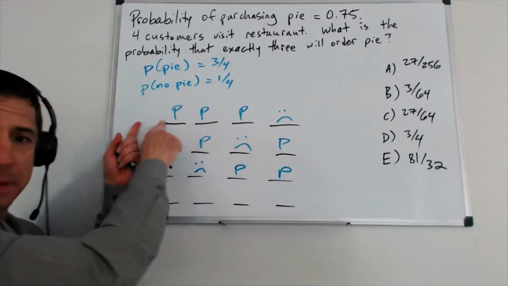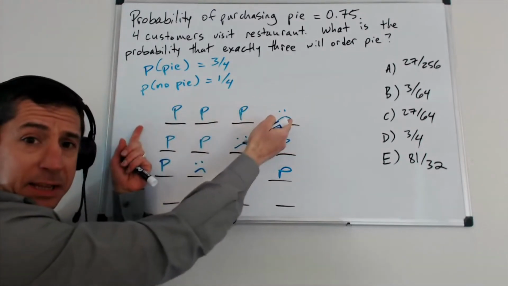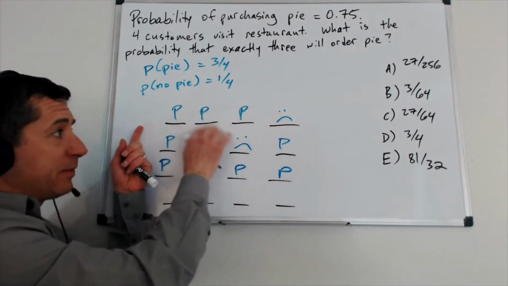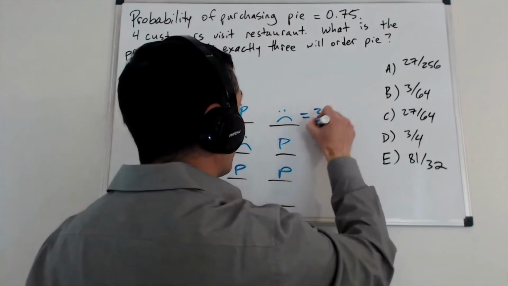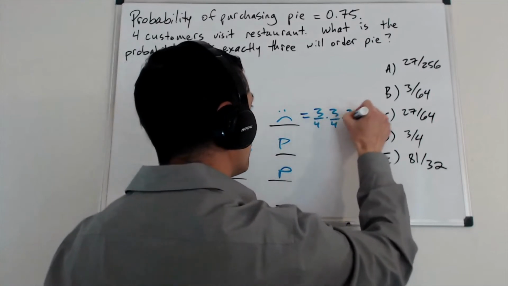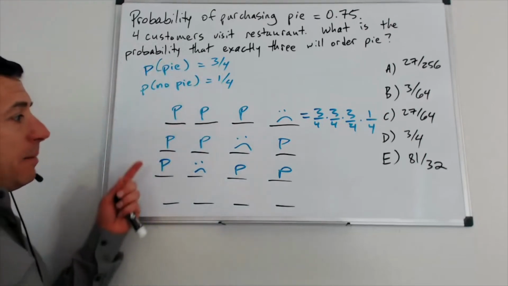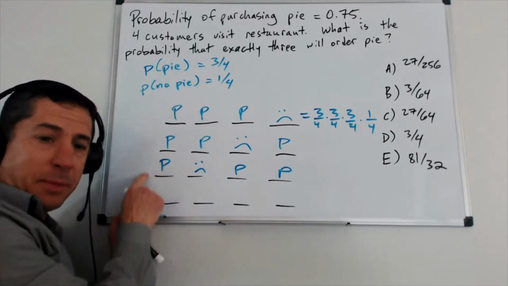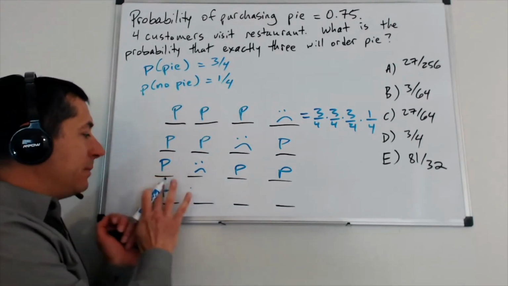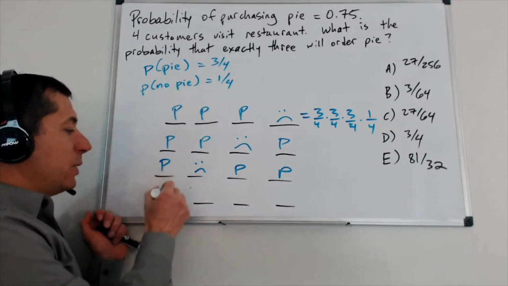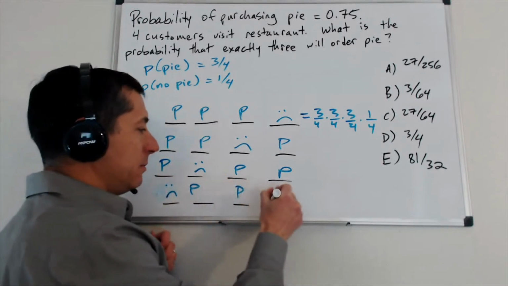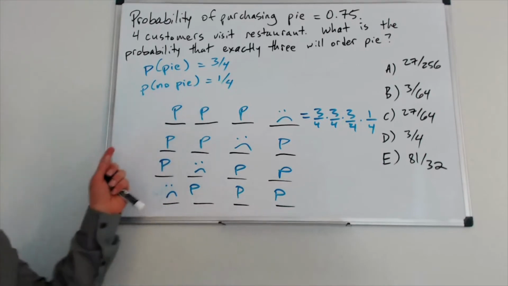Let's say we calculate the probability that the last one doesn't order pie, but the first 3 do, and we get 3/4 times 3/4 times 3/4 times 1/4. Great. My point is that you're going to have that exact same probability 3 more times. So first one doesn't order pie, second one, third one, and fourth one do. So there's 4 ways to rearrange this.